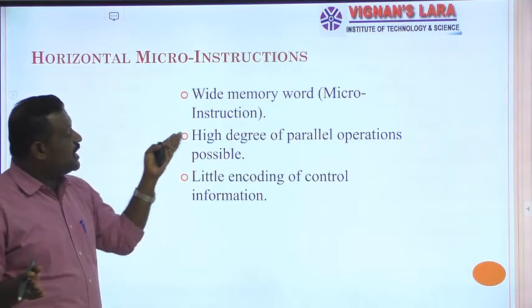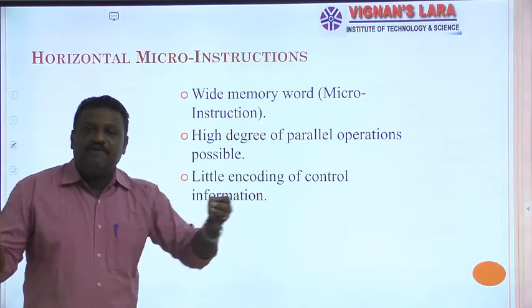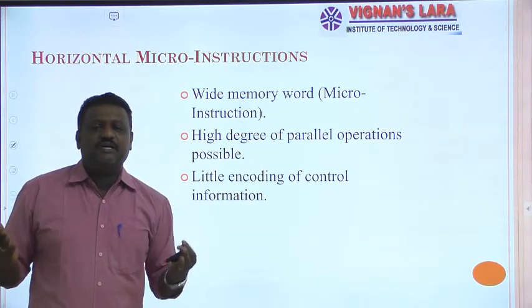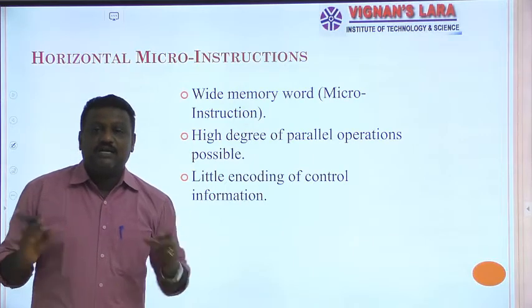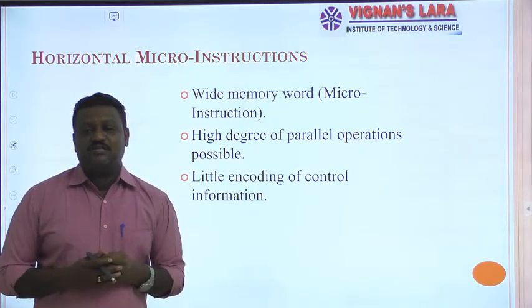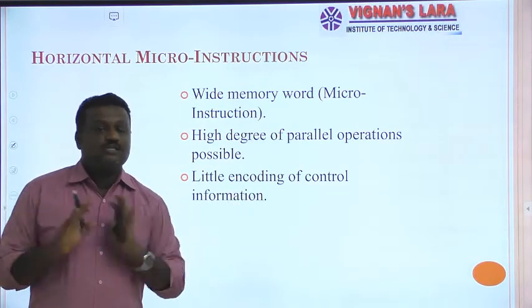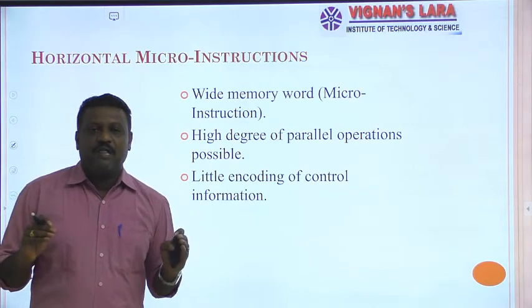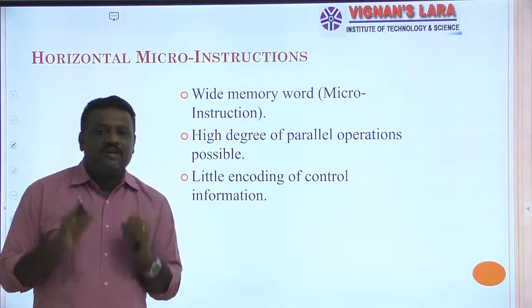The next point is that a high degree of parallel operations is possible, because I have different bits. Each and every bit is helpful for generation of one particular control signal, so a single micro instruction can generate multiple control signals. Here I need not use any encoder and decoder circuit, because I directly use the bits in my horizontal micro instruction.